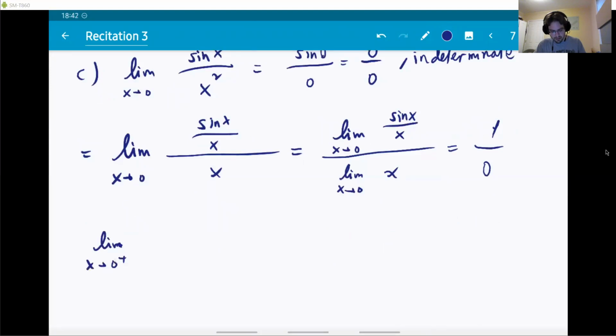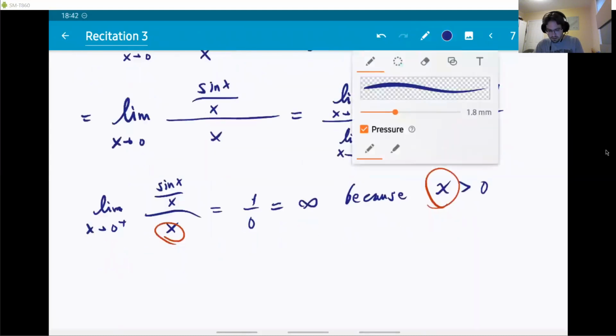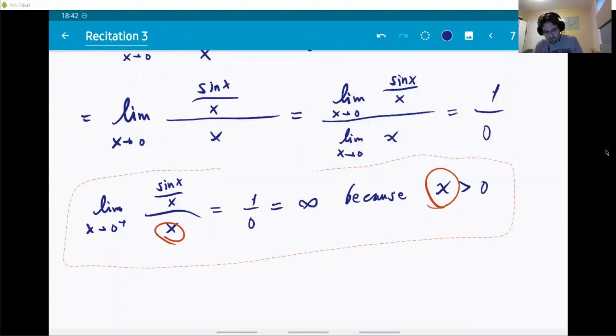From the right, it is going to be 1 over 0 equals plus infinity, because x in the denominator, this x right here, is positive. And maybe I do this. I'm going to copy all this. From the other side, it will be negative.